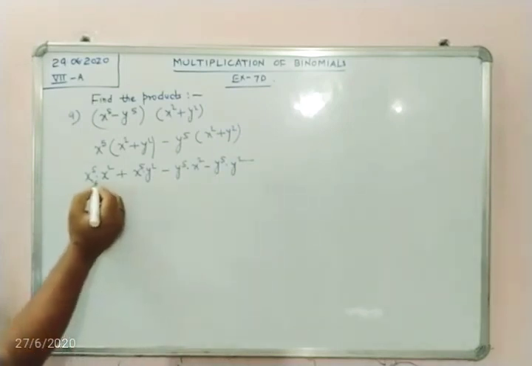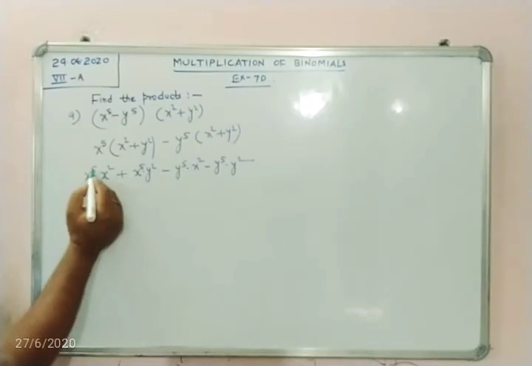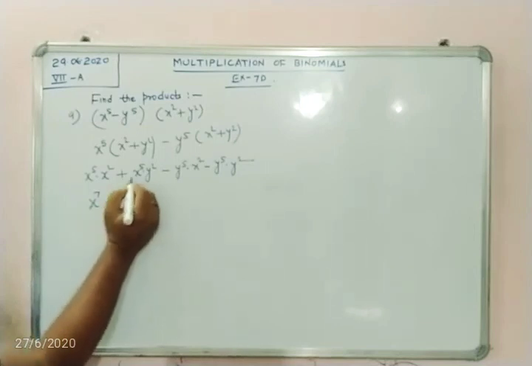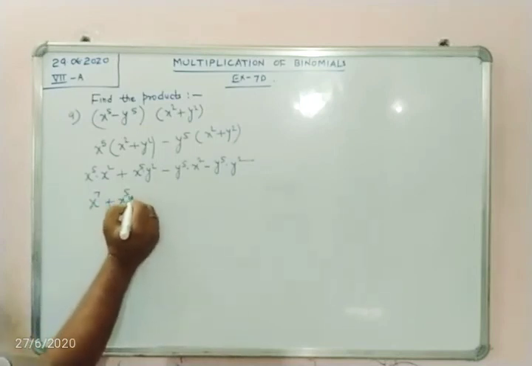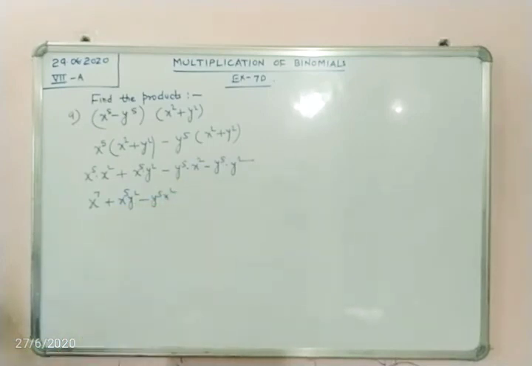So students, in exponents we learned that for the same base, exponents get added. So x to the power 5 plus 2 gives you 7, plus x to the power 5 y square minus y to the power 5 x square. These two are unlike terms.